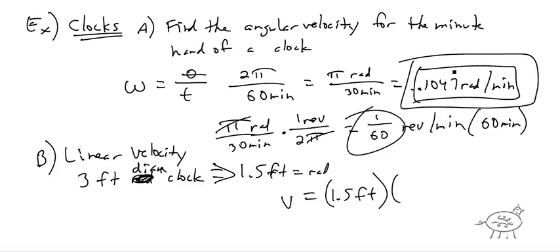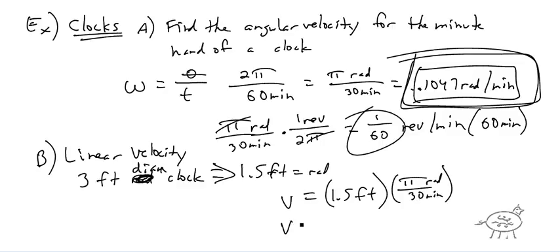You have to use pi radians per 30 minutes. Because radians are unitless, what you wind up with is feet per minute. And that gives you 0.157 feet per minute.